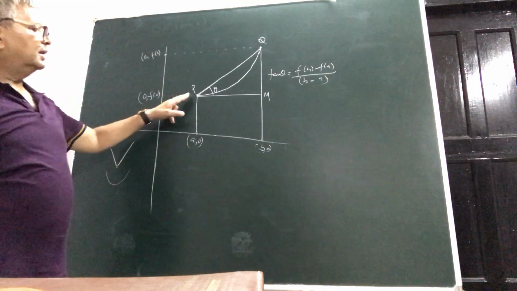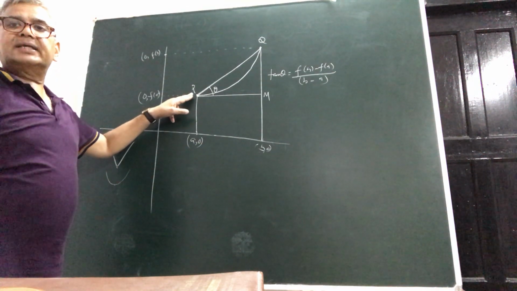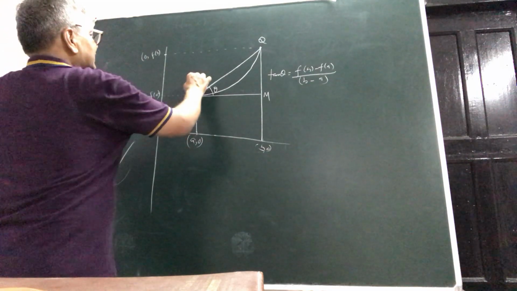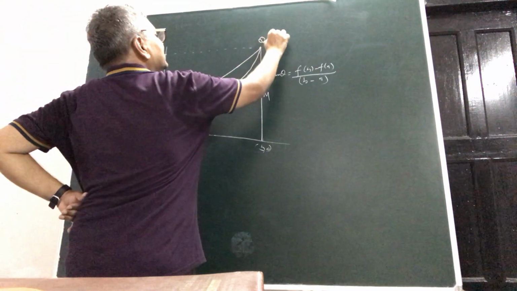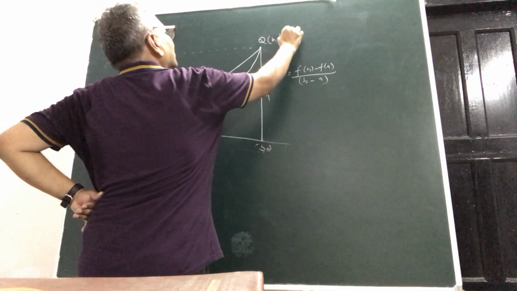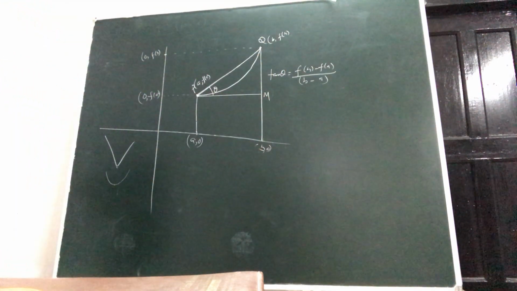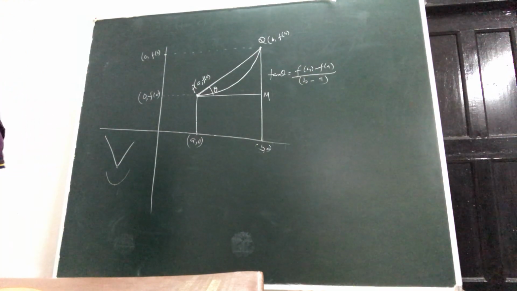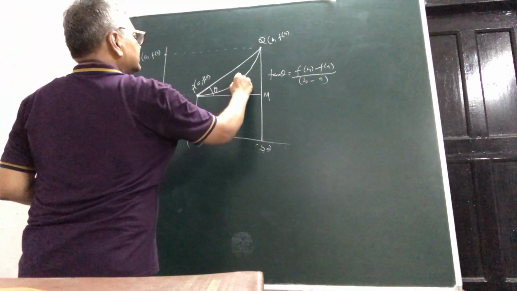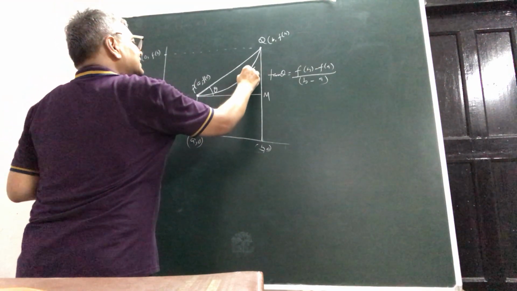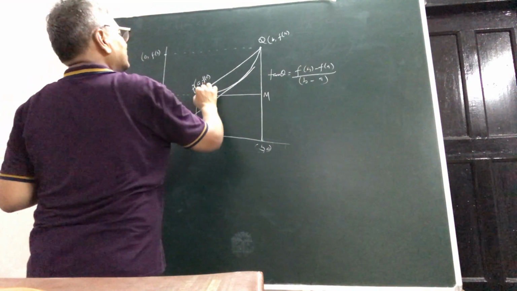These 2 points, the extreme points: what is this point P? It has coordinates (a, f(a)), and this has point (b, f(b)) on the graph. So here, if you join this line, then what it simply says is that somewhere here a point c will certainly exist where the tangent will be parallel to this line.